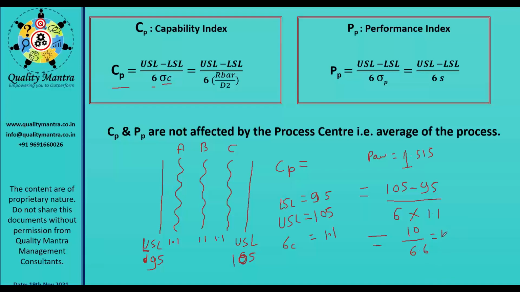It's simple calculation, there is nothing to it. Only thing is that you need to know the formulas. So it will be 10 divided by 6.6 equals 1.5151, or you can say 1.52. To be precise it is 1.515, or normally we take up to 2 decimal places, so you can say 1.52. Arithmetically we round off, so it is 1.52. Both 1.515 or 1.52 are correct.